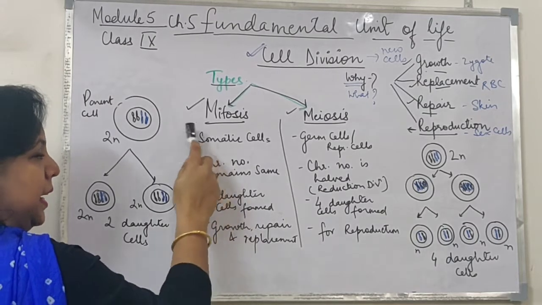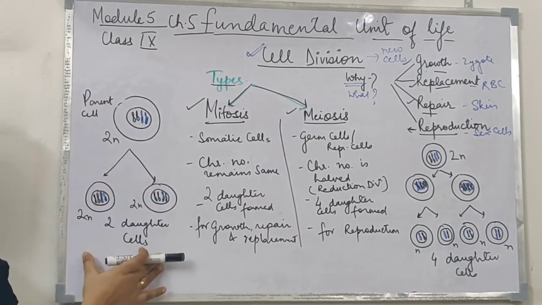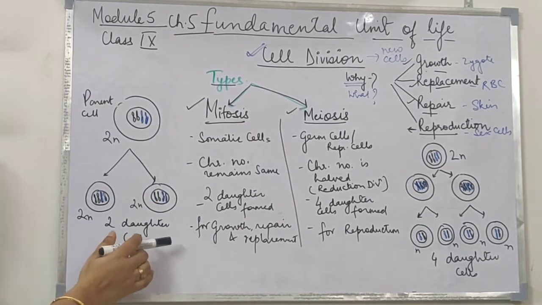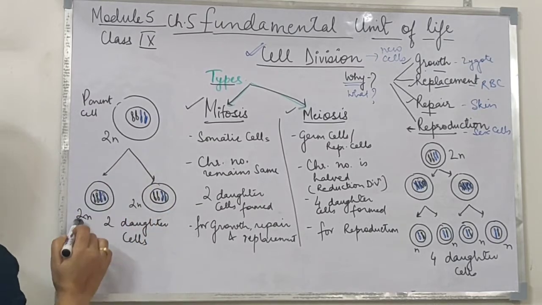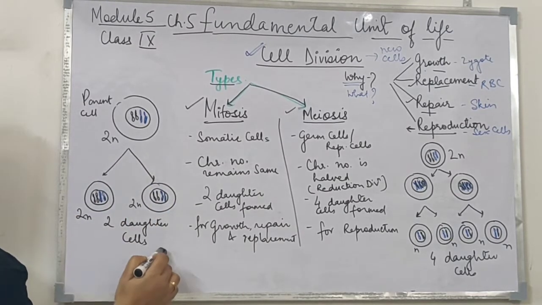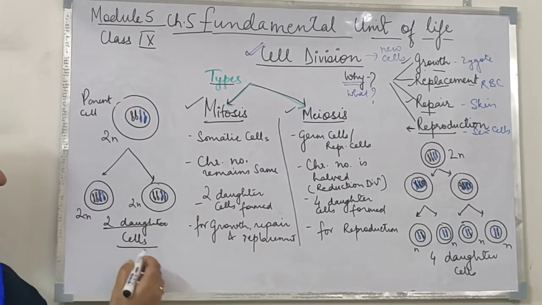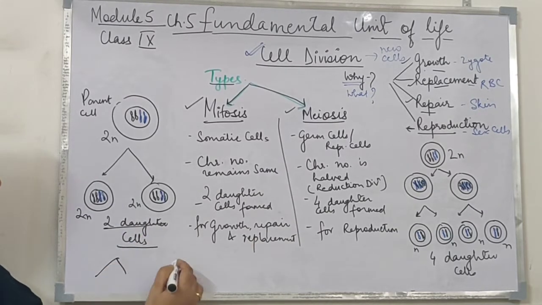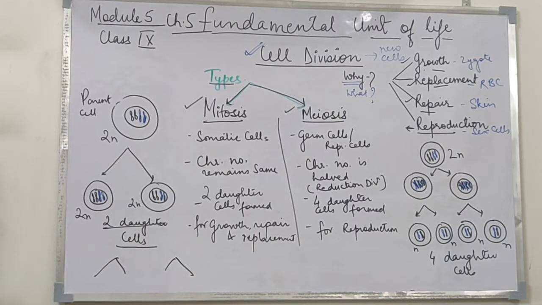Next, in case of mitosis, if you see, I have made the diagram over here. There is one parent cell. It divides to form two cells, and we say that these are two daughter cells because they can further divide and form more daughter cells in the next generation.